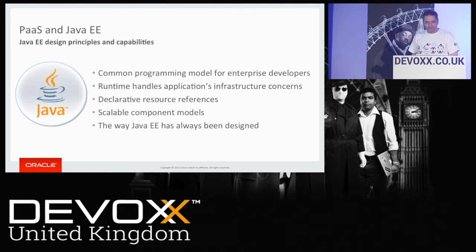Anyway, so let's talk a little bit about Java and Java EE and the design principles, how they relate to platform as a service. What we've got here is very much the ideas that Java Enterprise has had all the way from the beginning.